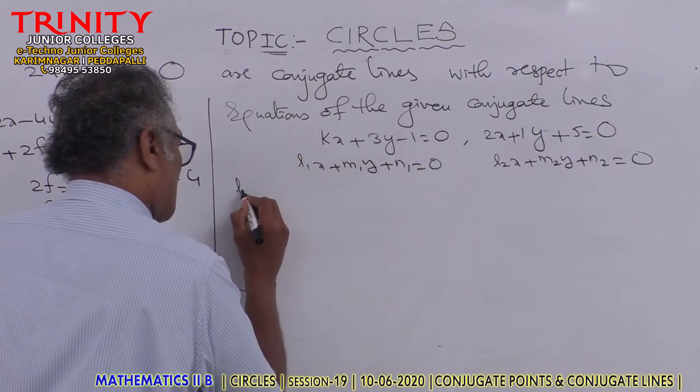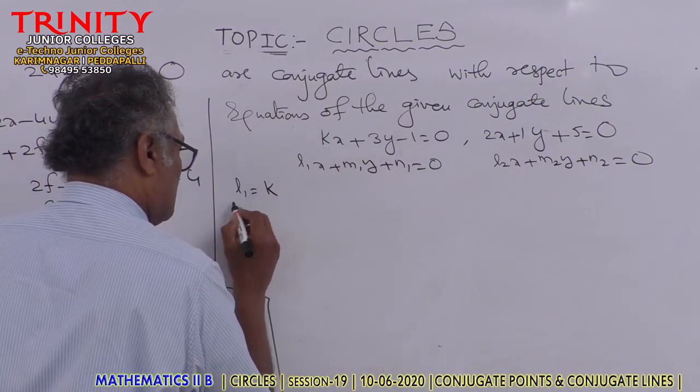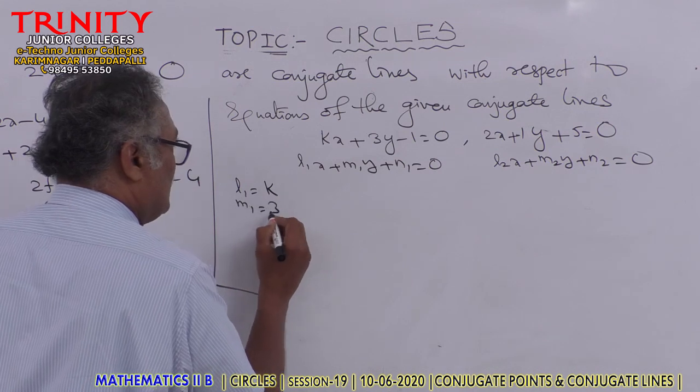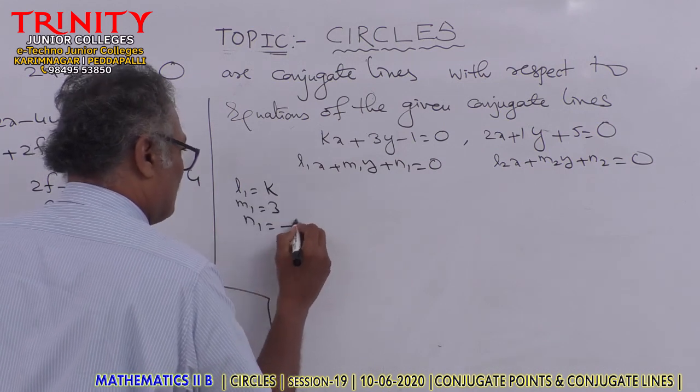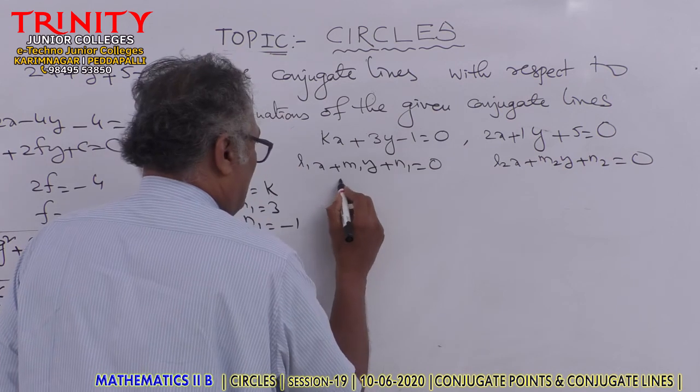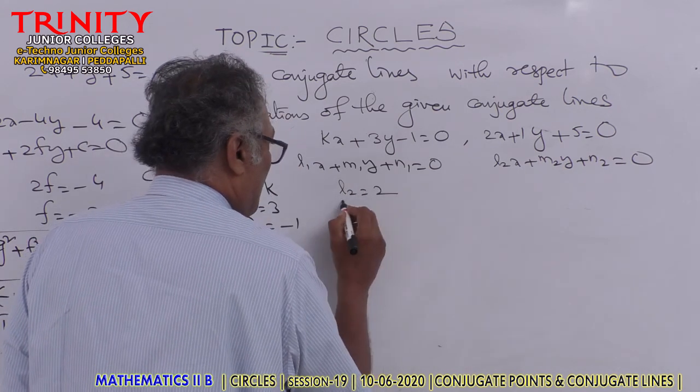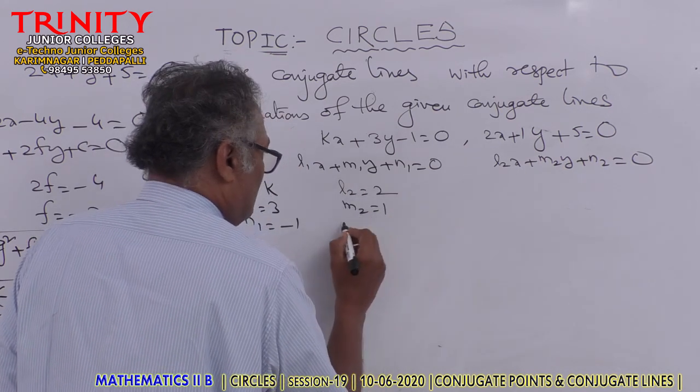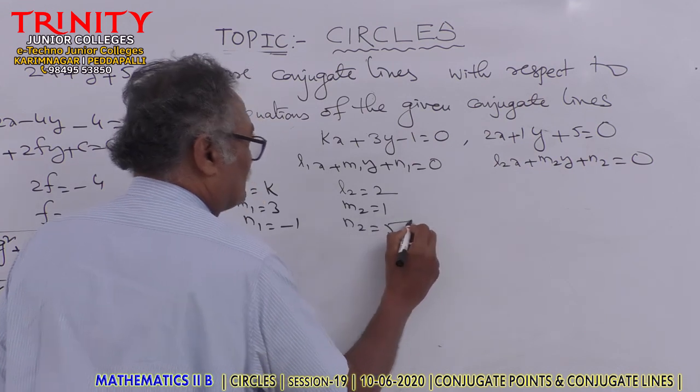Comparison: L1 is equal to k, M1 is equal to 3, N1 is equal to minus 1. Here, L2 is equal to 2, M2 is equal to 1, N2 is equal to 5.